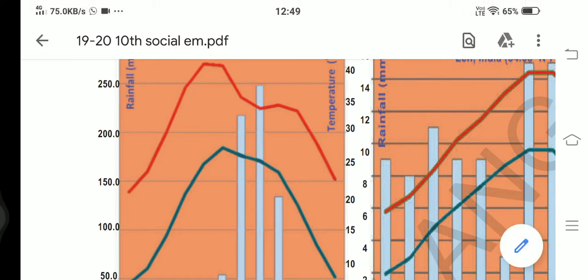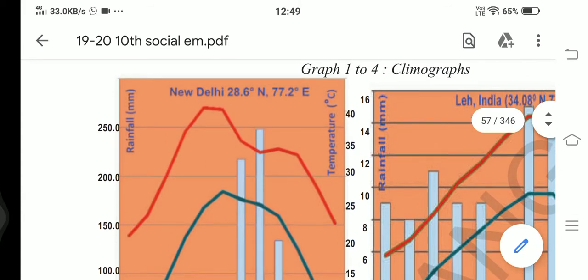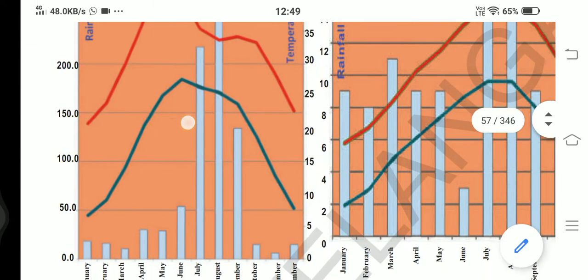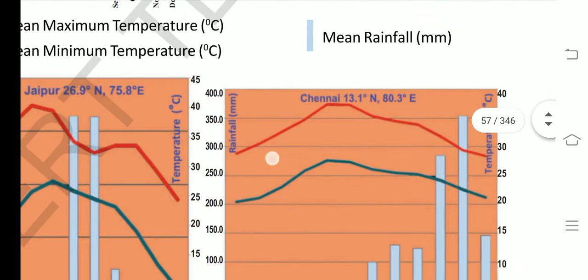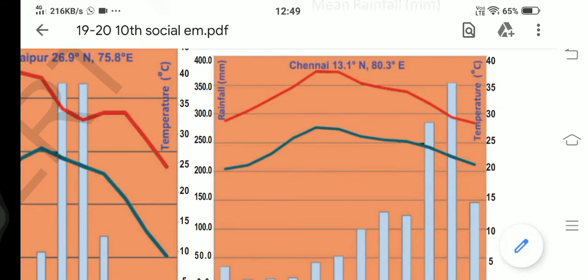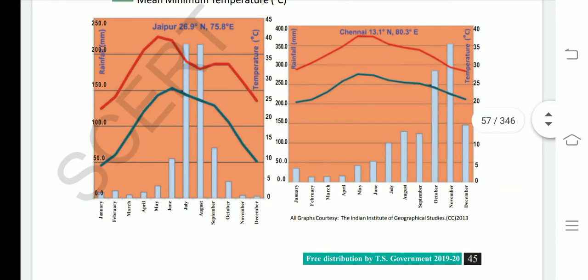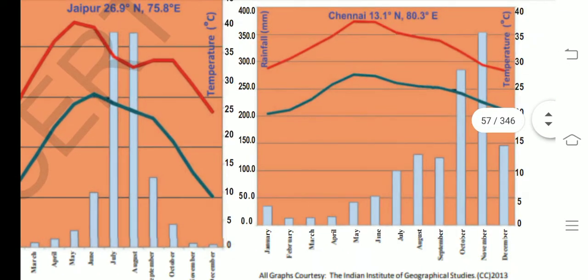So in Delhi the temperature is high, with extreme variation between mean minimum temperature and mean maximum temperature, a lot of difference between these two. There is high variation in the temperatures recorded at Delhi, whereas at Chennai there is very little variation.